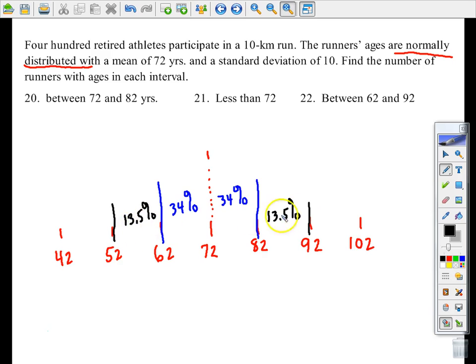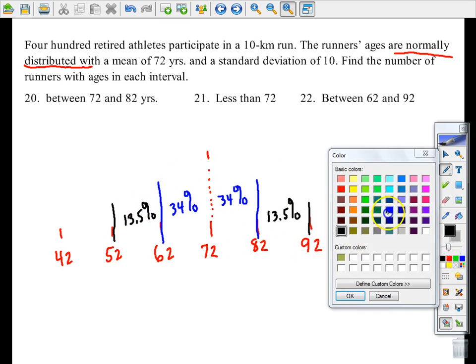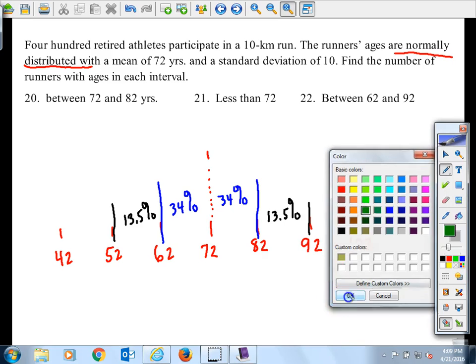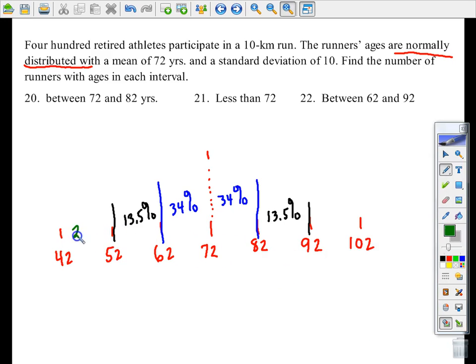So all in all, within 2 standard deviations of the mean, I've got 95% of my data represented. And then going out one more standard deviation to the 3rd standard deviation, this would be the other 5% broken up into 2.5% in this range and then 2.5% in this range.